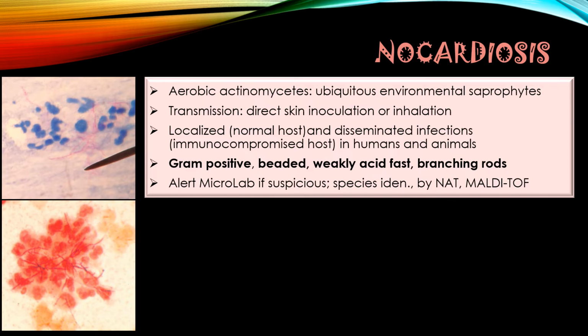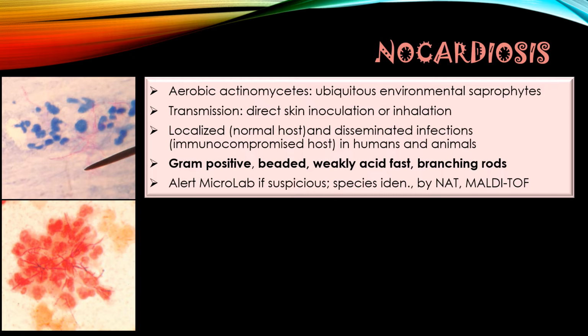Through skin irritation it may cause skin infection such as mycetoma. In a normal host, pneumonia shows consolidation, looking like tuberculosis, but in an immunocompromised host it may disseminate to various organs. On Gram stain, it shows gram-positive beaded filamentous branching rods, but it can be partially positive on acid-fast staining.